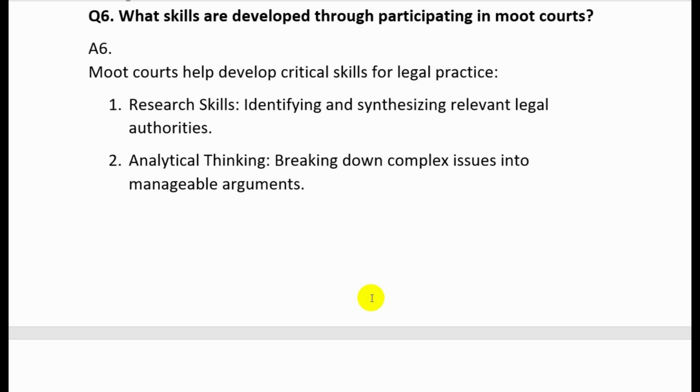This will help in our analytical thinking. Once we start reading through case laws, we'll be breaking down complex issues into manageable arguments. There'll be many arguments, but we have to find the core arguments and break them down into simple manageable arguments.